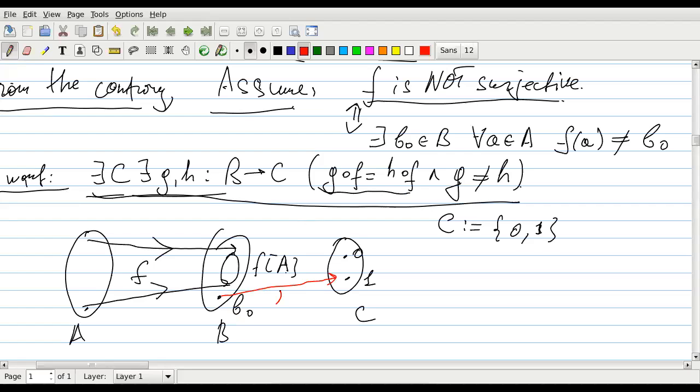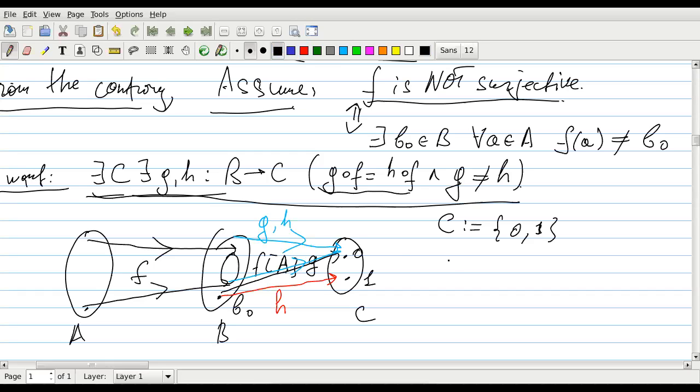So let H map b0 to 1, while G maps b0 to 0. But what about all the other points? Let both functions map them to 0.